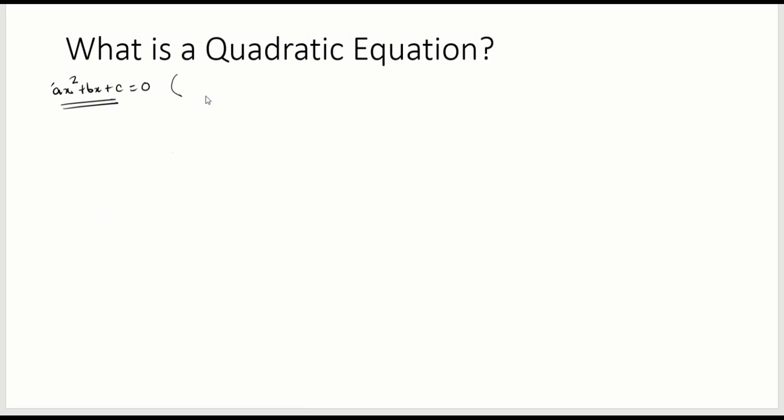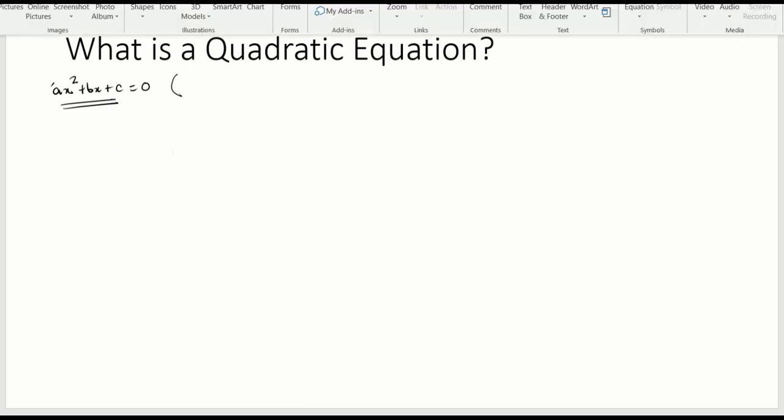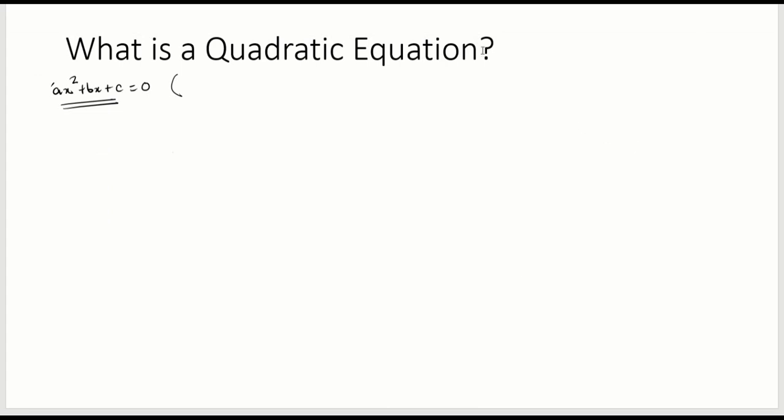and the conditions that you will find here: A, B and C are constant terms.